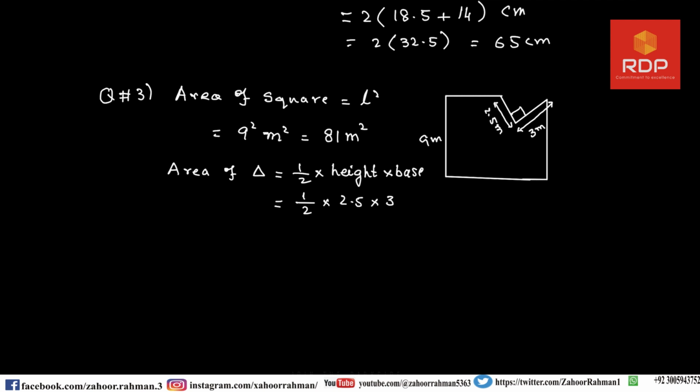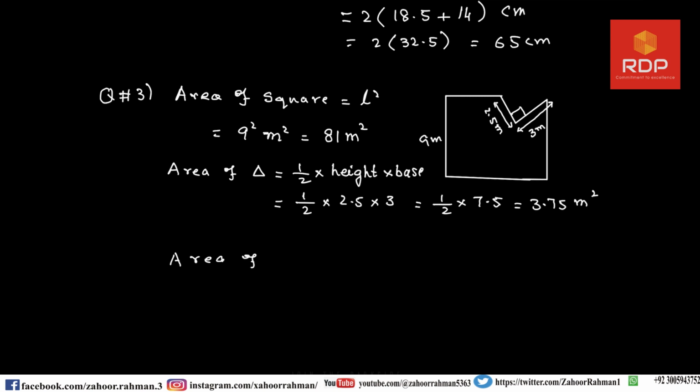So it is equal to 1 over 2 into 7.5. When we divide 7.5 by 2, we will get 3.75 meter square.